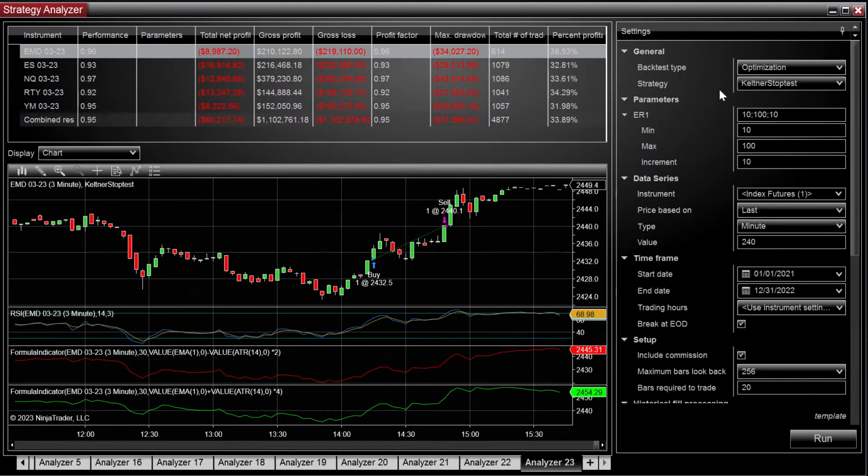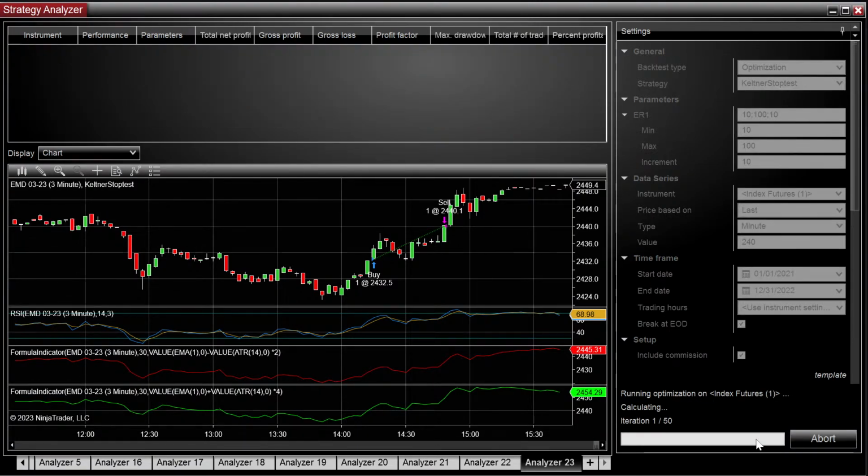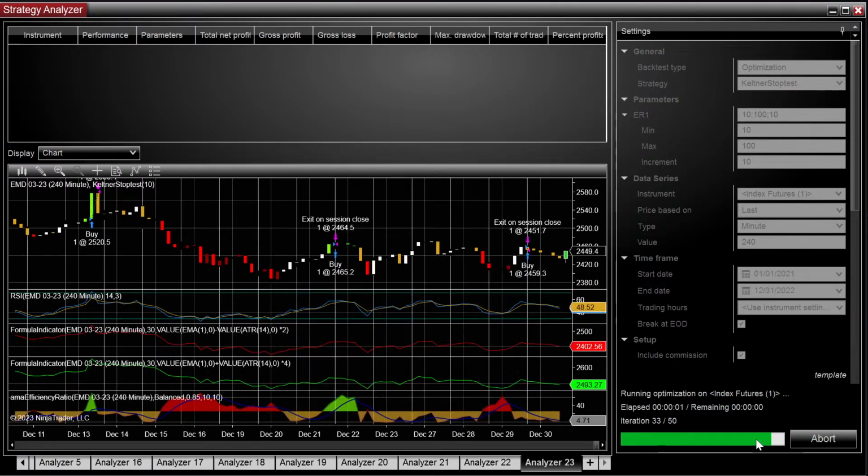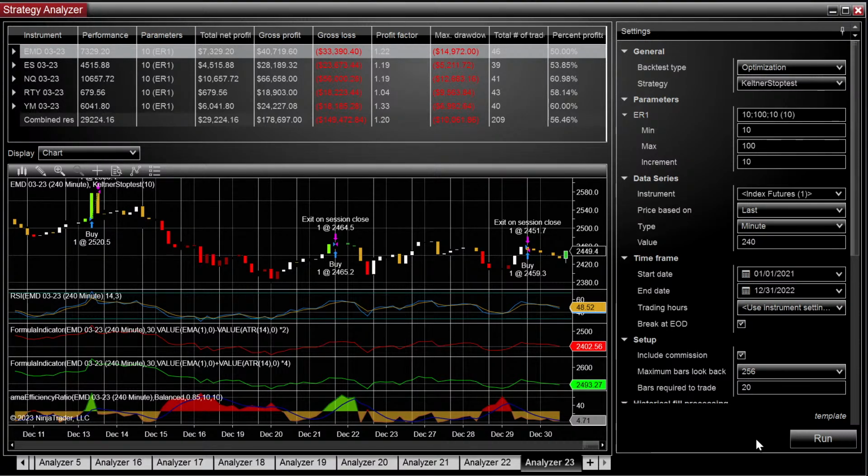Okay, should be good. I think the efficiency ratio will probably do a little better than RSI anyways. And here we definitely did. It chose the default parameter for the efficiency ratio.